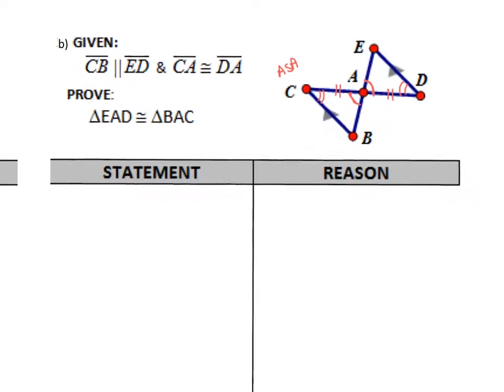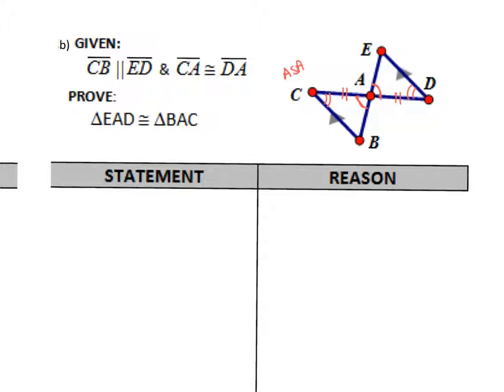Okay, so now writing this up, starting with my given, segment CB is parallel to ED, because that's given. And CA is congruent to DA because that's also given. So then I have a pair of angles.